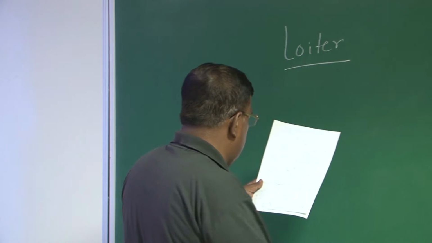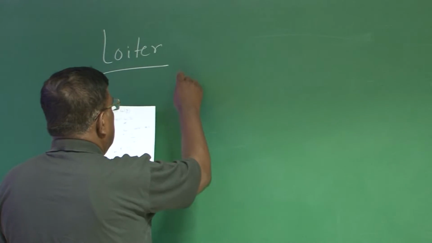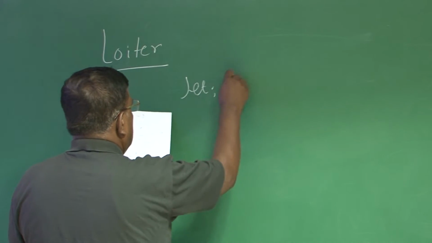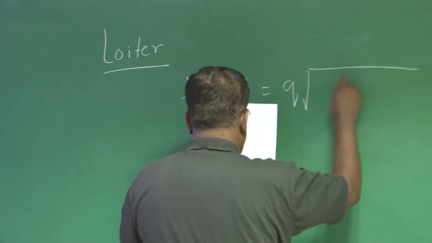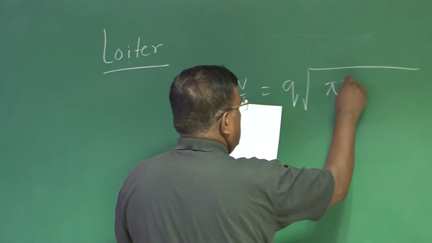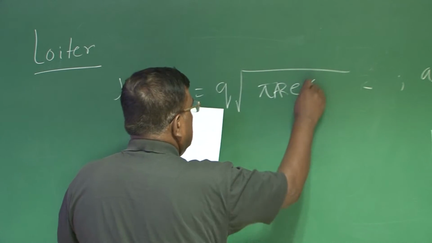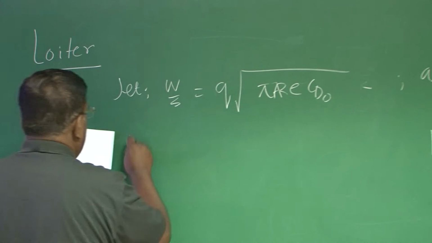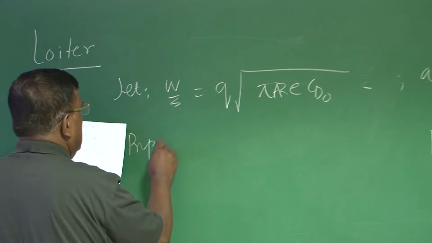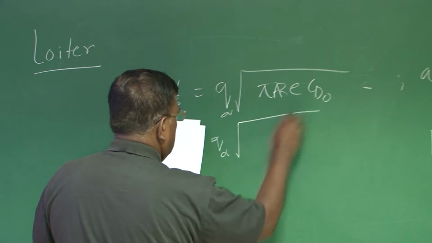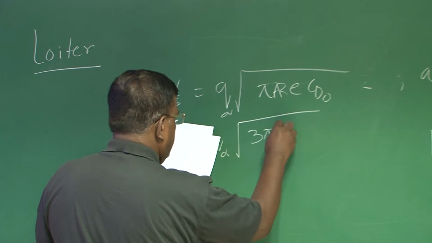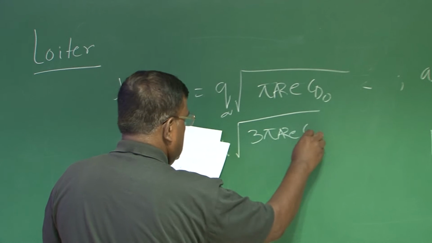So for loiter we have seen for jet W by S equal to Q by aspect ratio E CD naught, and for the propeller W by S equal to Q infinity 3 pi aspect ratio E CD naught.